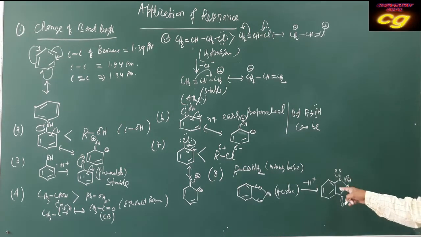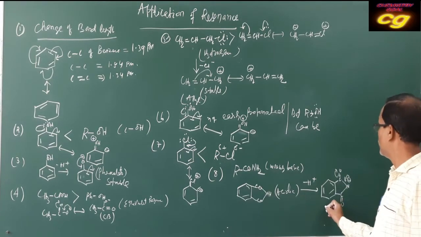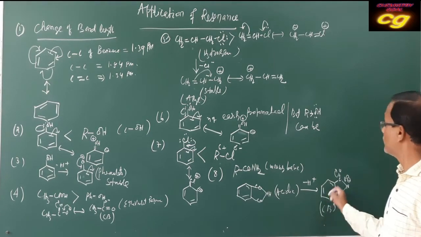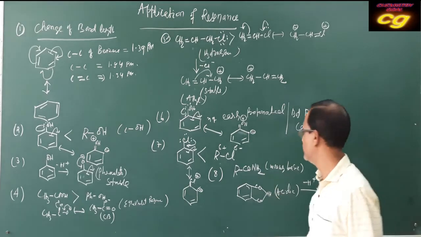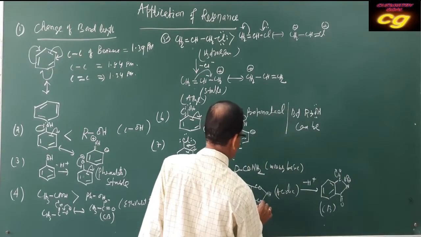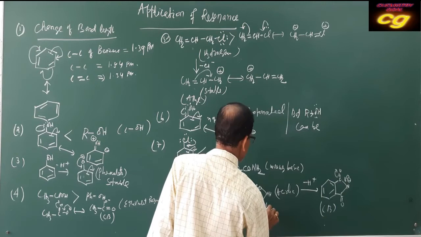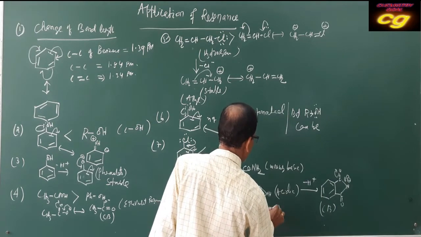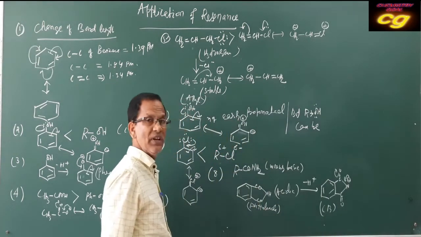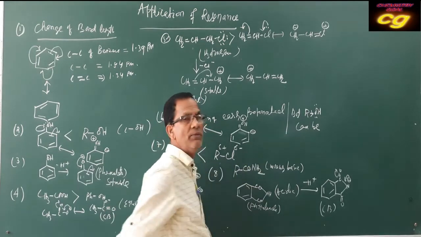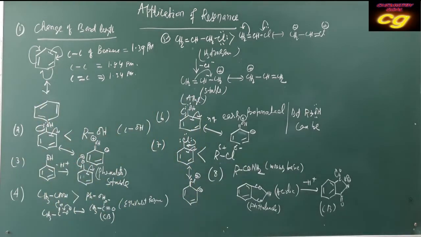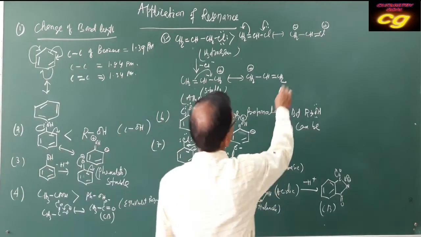That's why it is more stable. This is the conjugate base of phthalimide. Phthalimide is acidic in character, but amide is weakly basic.